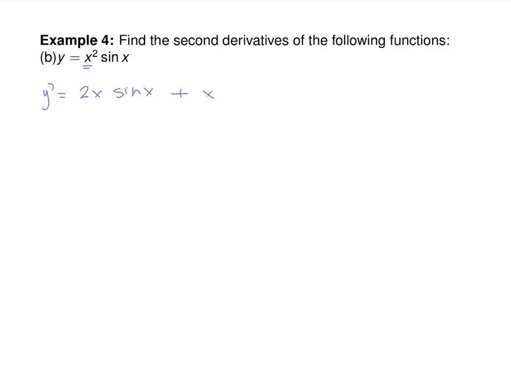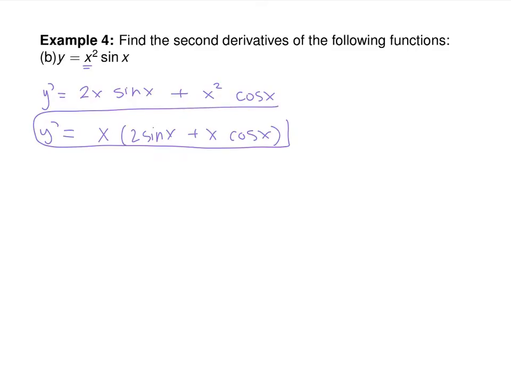Now leave the x squared alone, differentiate the sine, and you get cosine. And if I said take out greatest common factors, what are they? Just x. X times 2 sine x plus x cosine x. It just gives you some more interesting things you can do product rule with, right?